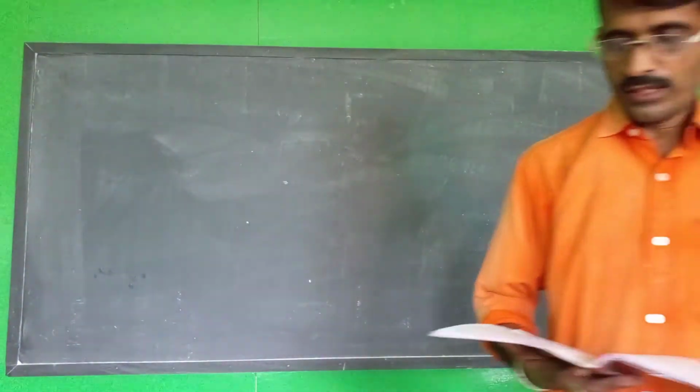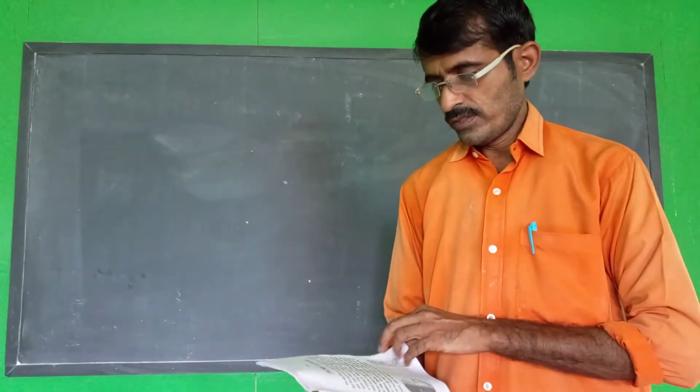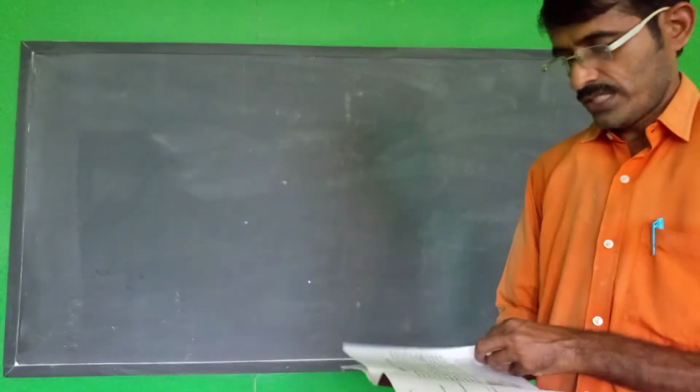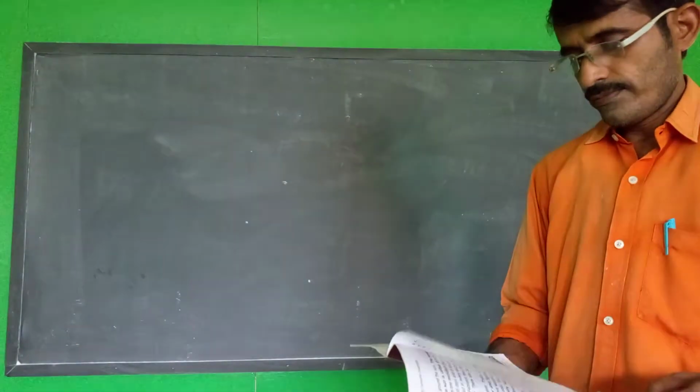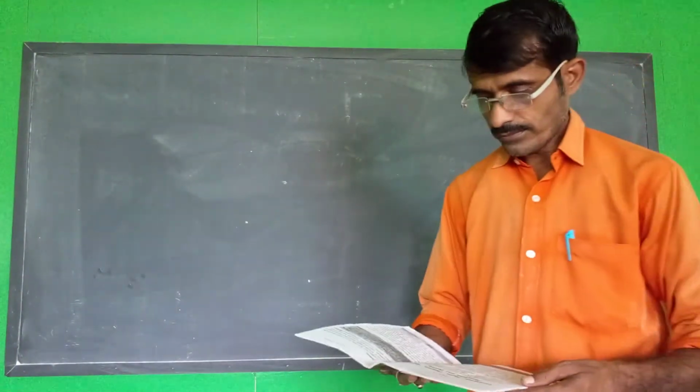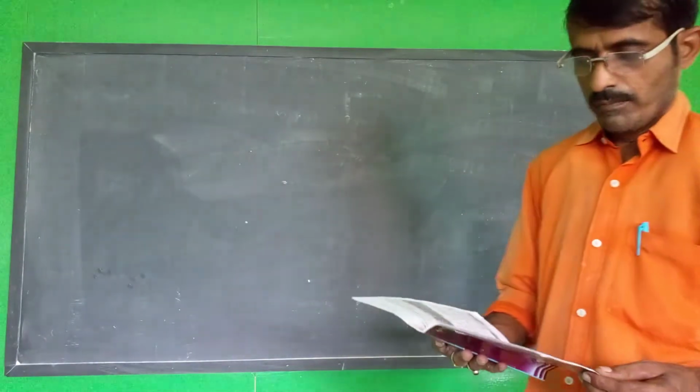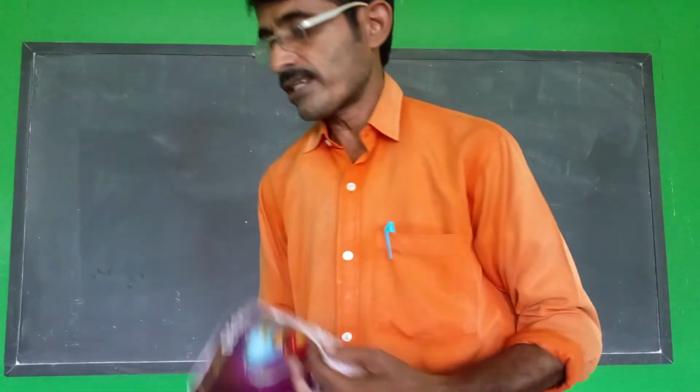Today we are going to chapter 6, landforms: plains, plateaus, hills, mountains and deserts.